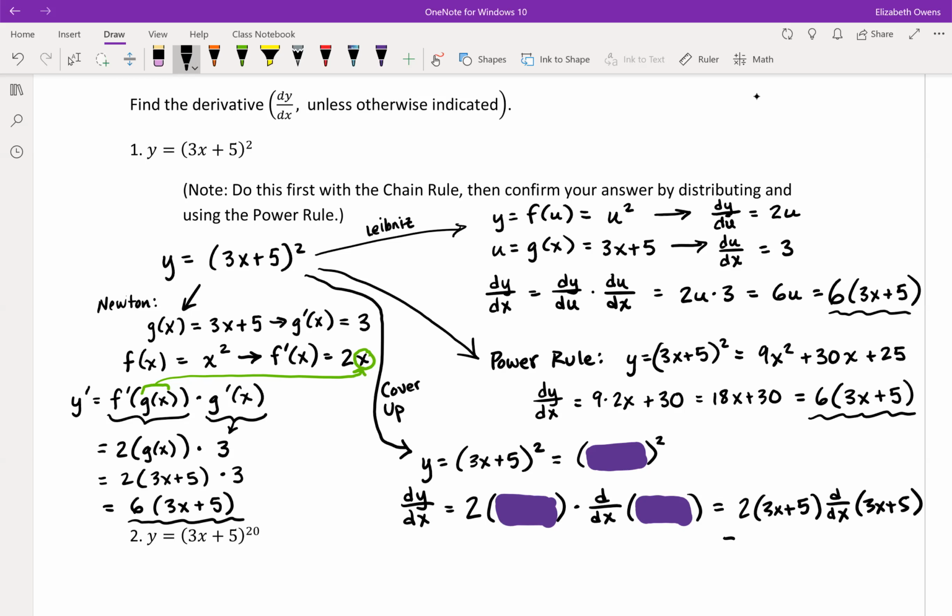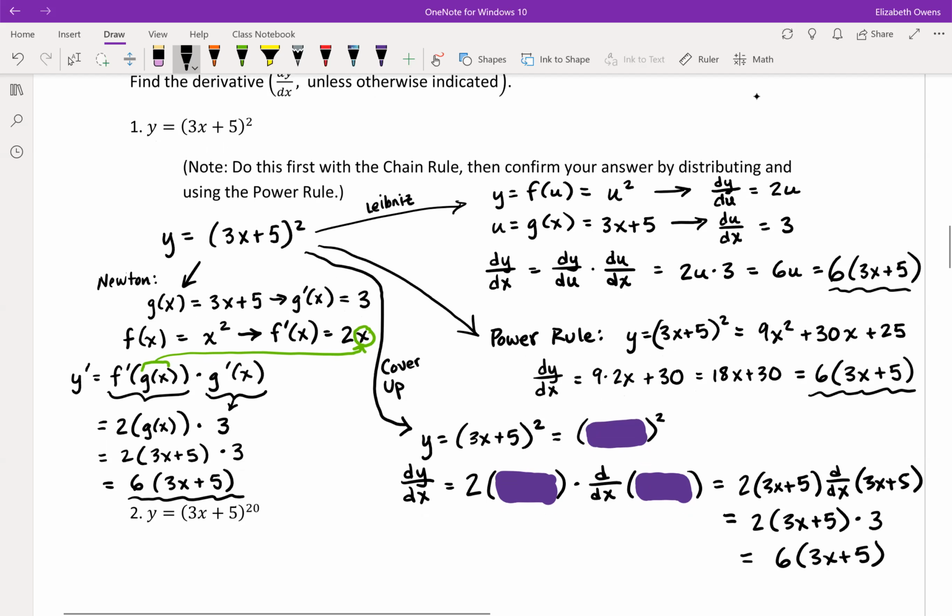And then the derivative of 3x plus 5 again is just 3. And so that's how you end up again with the 6 times (3x plus 5) that hopefully we see is now the answer for sure.